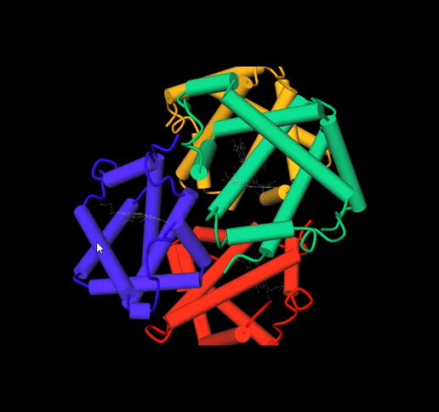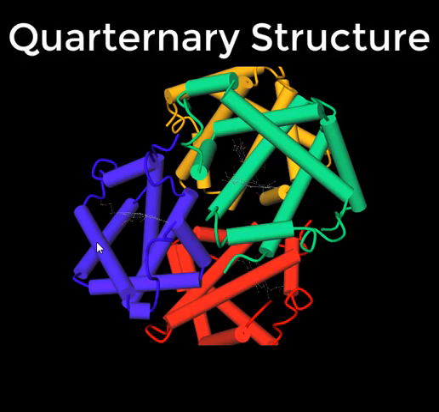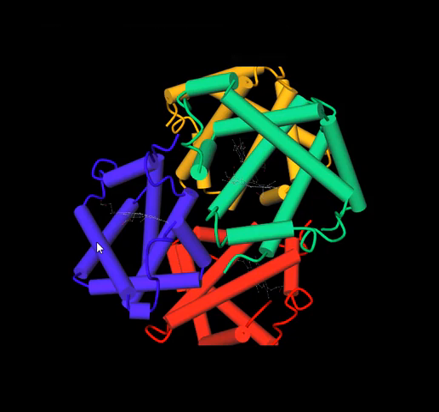And when we have different subunits interacting with one another, we say this is a quaternary structure. Now, not all proteins have quaternary structures. All proteins have a primary, secondary, and tertiary structure. But only those proteins that have subunits will be able to form quaternary structure. And that is the case in hemoglobin.